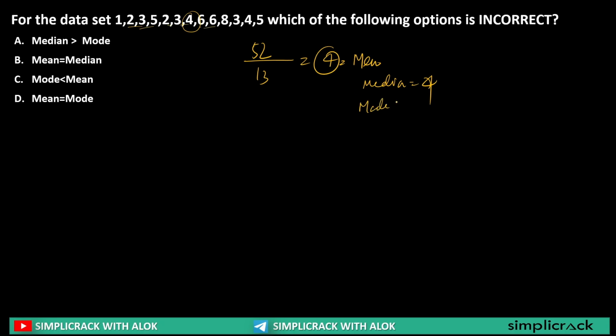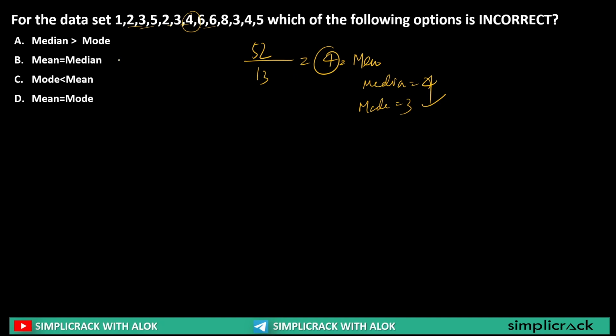So the mode is 3. Now see, median is greater than mode, that's correct. Mean is equal to median, that is incorrect. Mode is less than mean, that is correct.